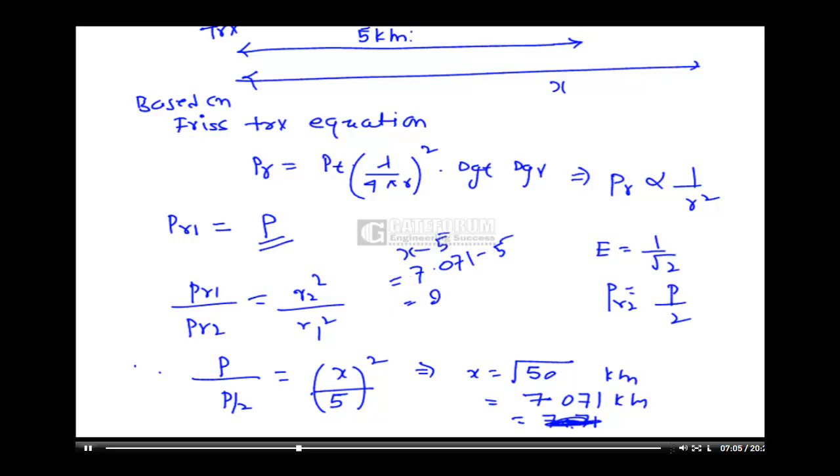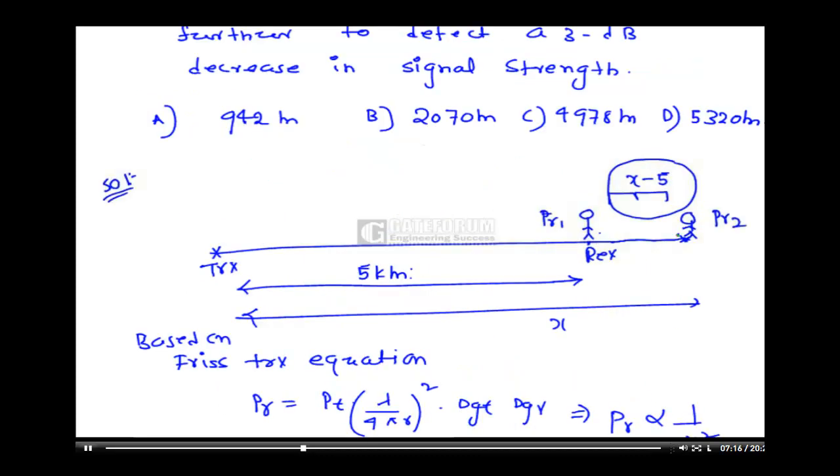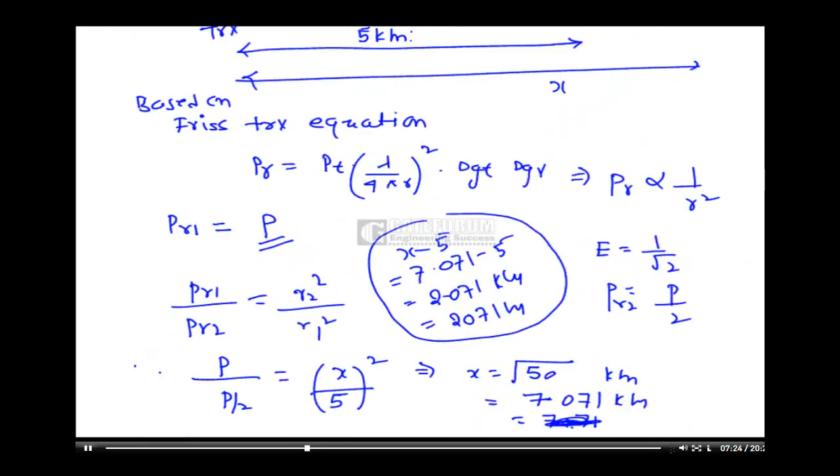That is 2.071 kilometers, equal to 2071 meters. So the distance between the first point and the second point is 2071 meters.